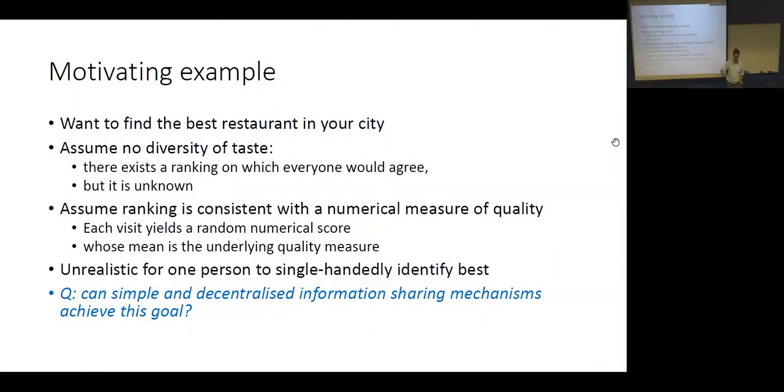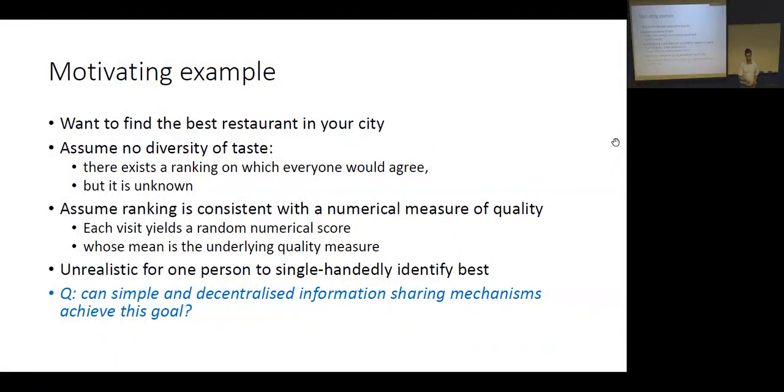So in this case, implicitly, I'm assuming that we all agree on the ranking of the restaurants in Atlanta, which of course is not true. We all have different preferences and tastes, but let's assume that's the case. So there is such a ranking, but we don't know it.